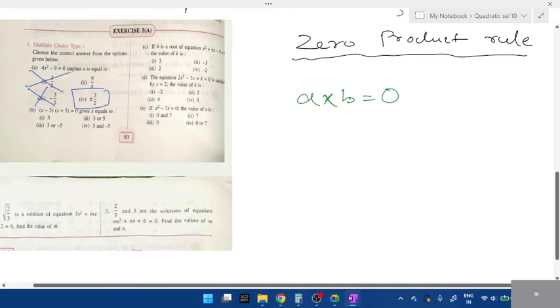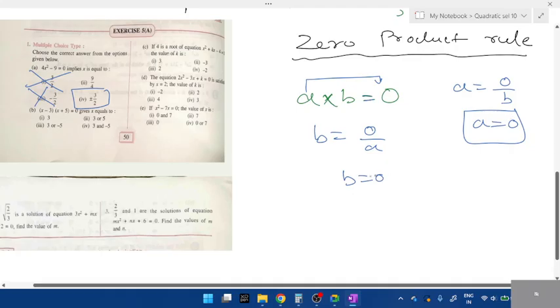So whenever there are two factors and 0 is given, what is a value, students? If you want to find a, what's the answer? 0. If you want to find b, 0. So just substitute. Take a is equal to 0, b is equal to 0. Remember this.